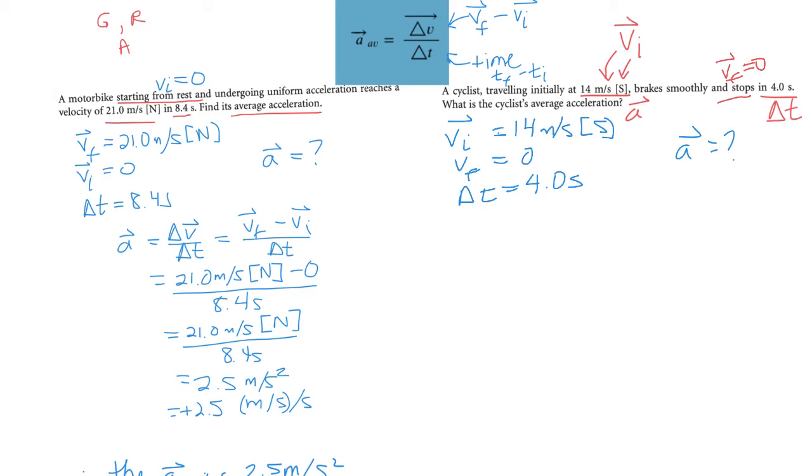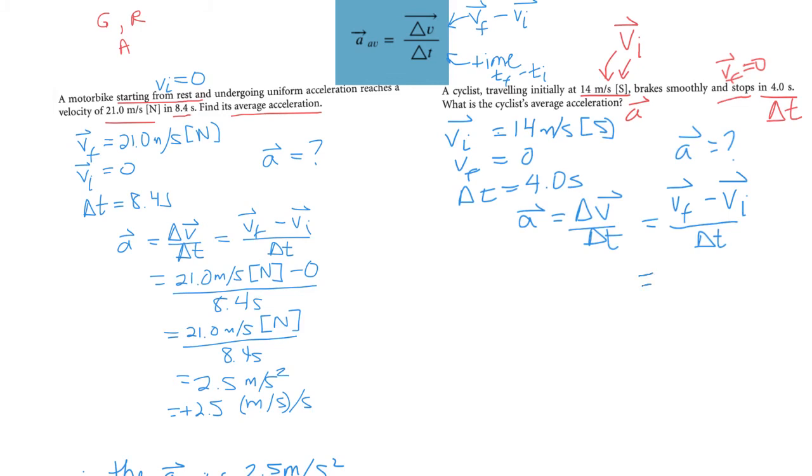We're going to use that same formula: a is equal to delta v over delta t, but our final velocity minus our initial velocity will be equal to our delta v. So we'll put this vf minus vi in for the delta v. And then I'm ready to put in what I have up here as my givens.